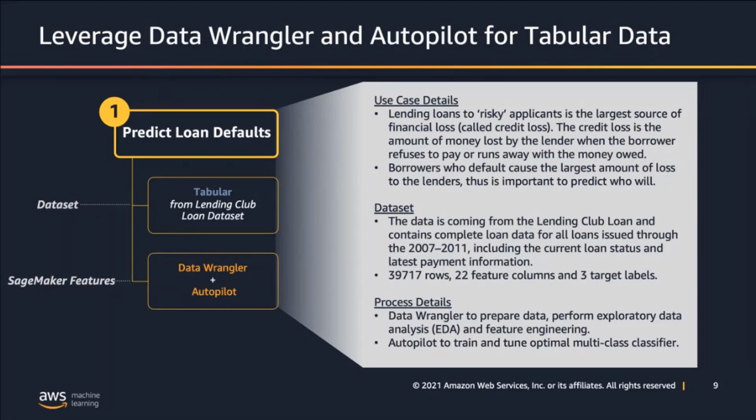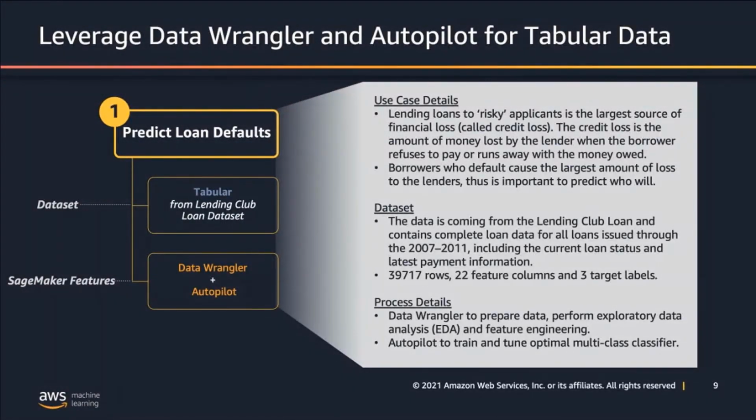In today's demo, we will first use Data Wrangler to do data exploratory analysis, as well as create a feature engineering pipeline with different transformations for you to see how quickly and easy it is to do complex feature engineering across numeric, categorical, and text columns in just a few clicks. And then we'll give those data to Autopilot that will do its magic to identify the most optimal combination of additional feature engineering, model, and hyperparameters for the loan default predictor.